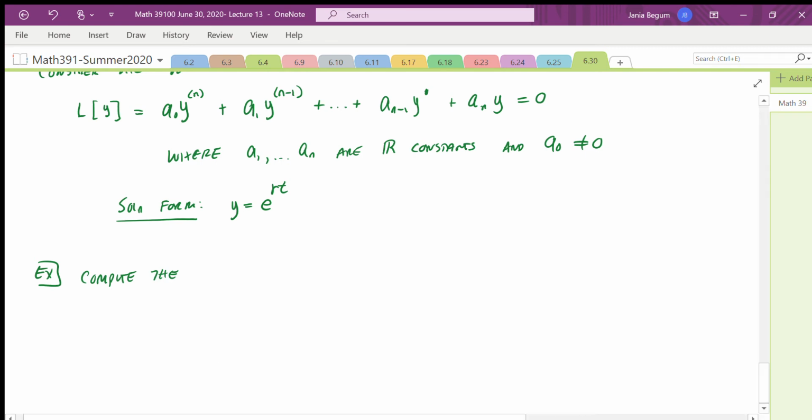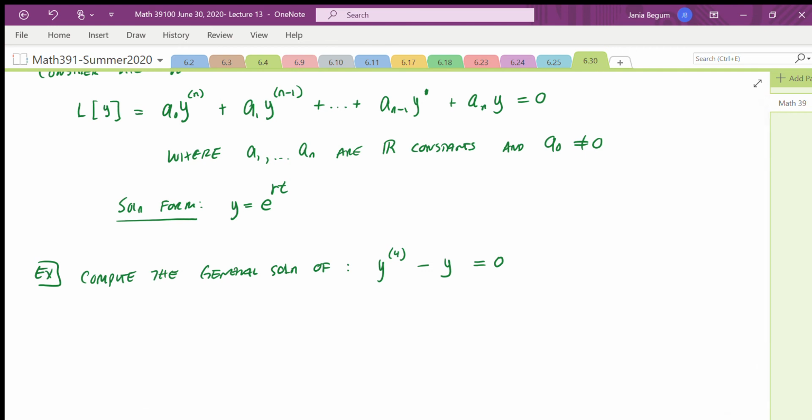So compute the general solution of y to the fourth derivative minus y equals 0.